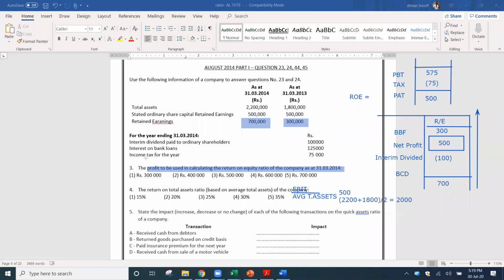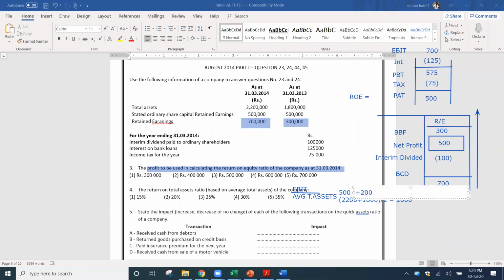And they have given interest on bank loans, so interest is also added back. How much? 125. Therefore, earnings before interest and tax will be how much? 700.